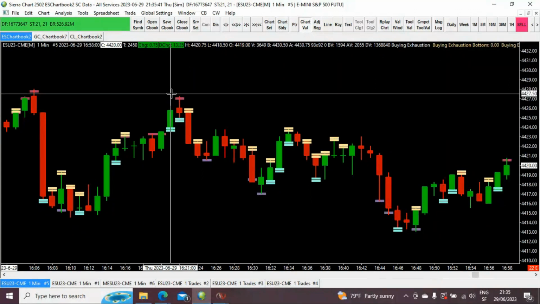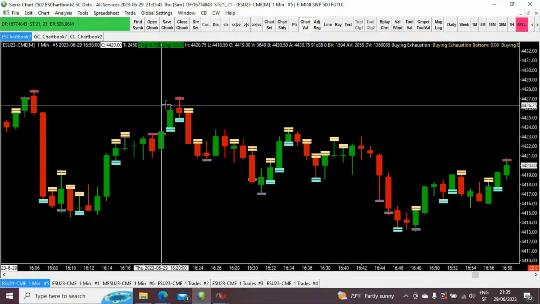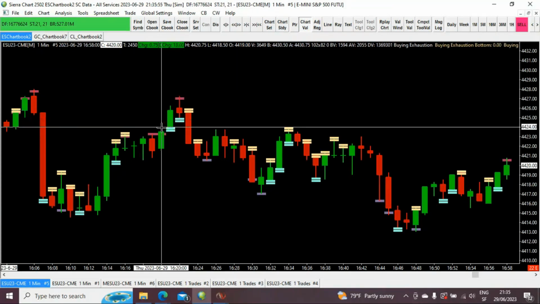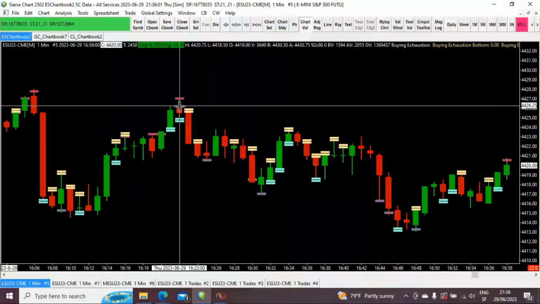And this little colored bar at the top here is absorption. So there's a good chance that when we get to this sort of level with the sellers exhausting and absorption at the top level, things are going to stall.